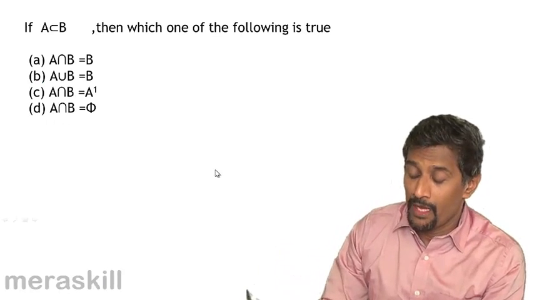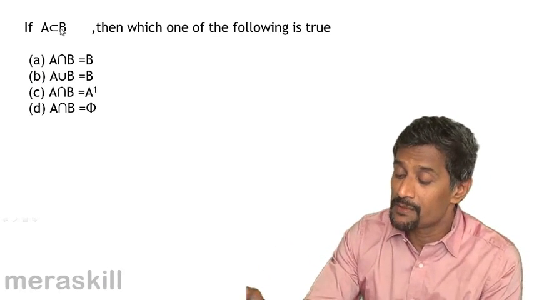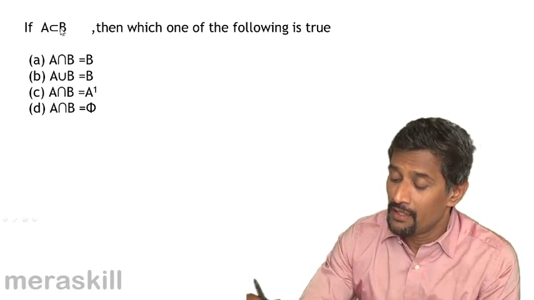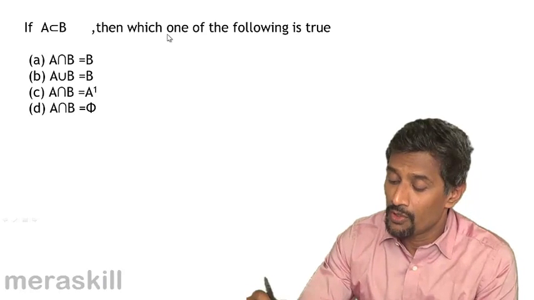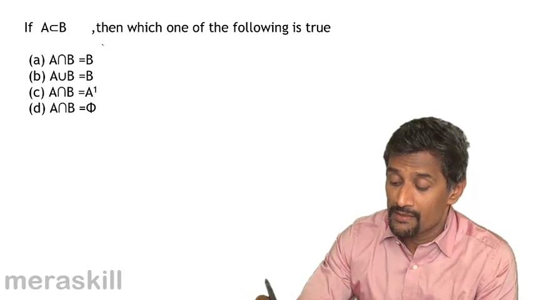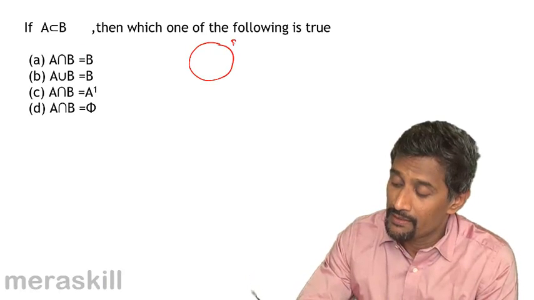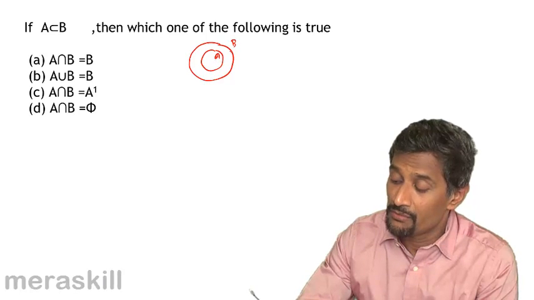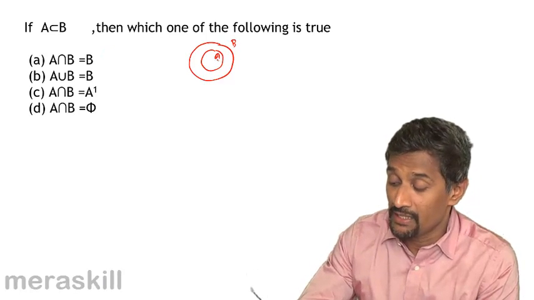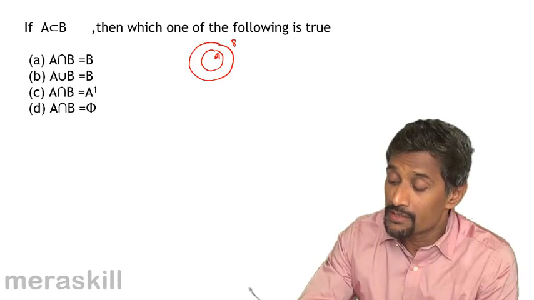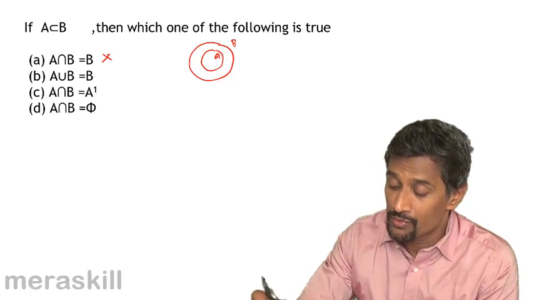Now here A is a subset of B. Which one of the following is true? Suppose B is here and this is A. A intersection B is definitely not B. A intersection B is going to be A, so this is not true.